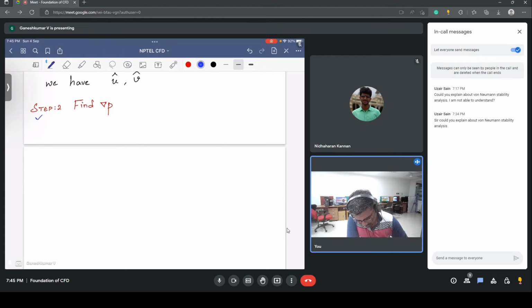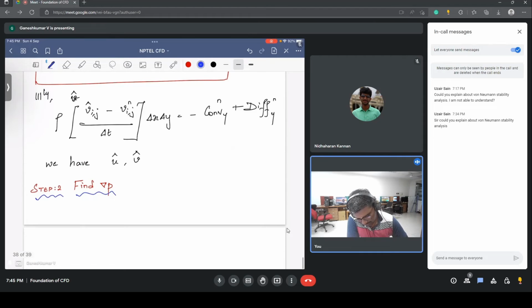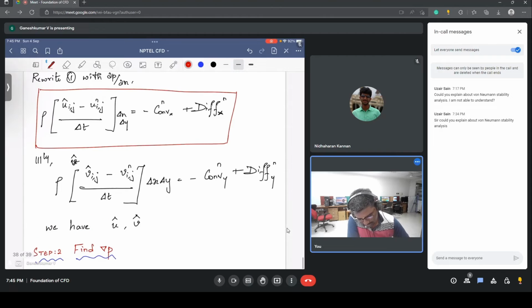So how are we going to find this? Let's write this equation as equation number 2.